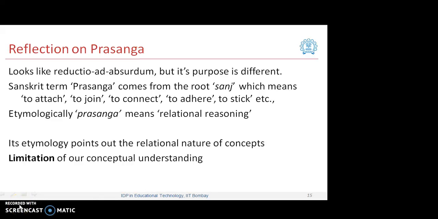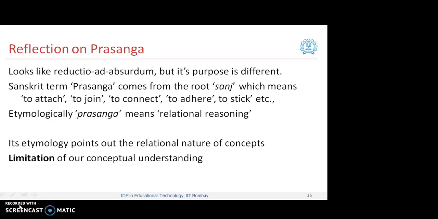So in the earlier video, we have seen the Prasanga argument where the thinker is exposing the opponent's argument involving contradiction. So the method is to suggest that the opponent's argument involves contradiction and therefore it is not tenable.